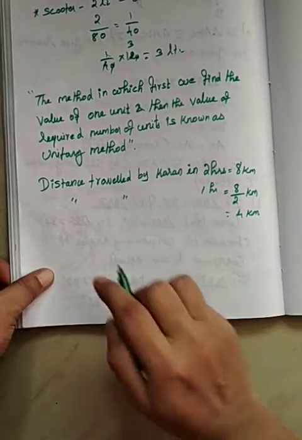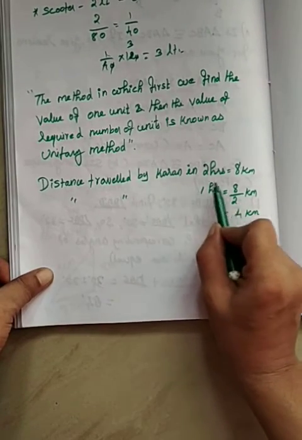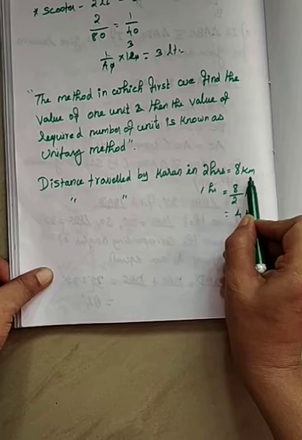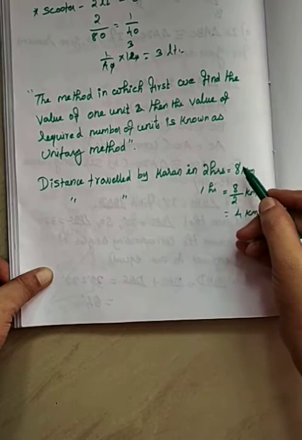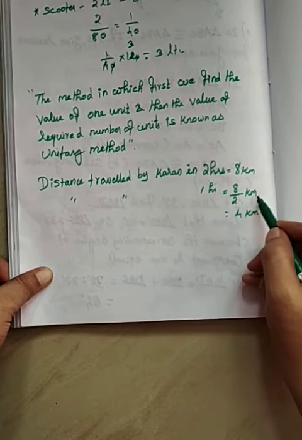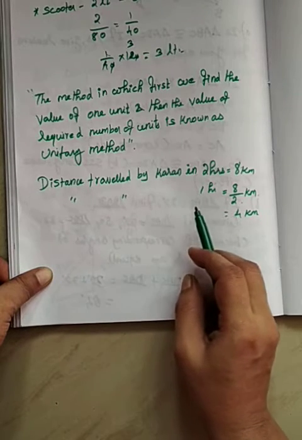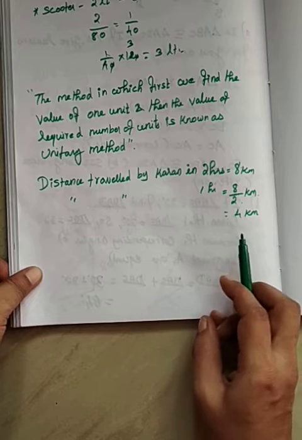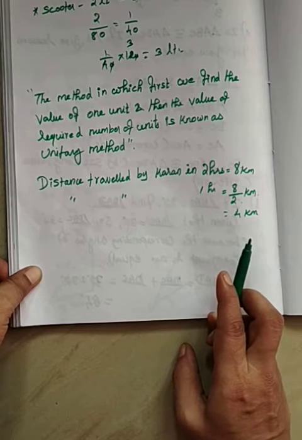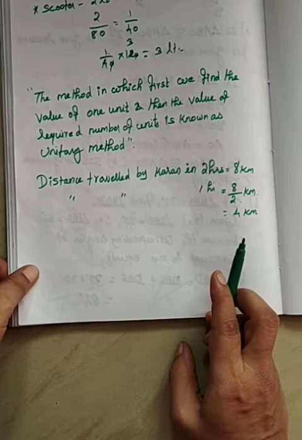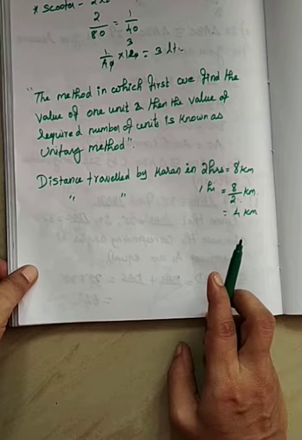The distance travelled by Karan in 2 hours is 8 kilometers. So, what is the 1 hour? 8 divided by 2 kilometers, you will get that the distance travelled by Karan in 1 hour is 4 kilometers. Now, you have to find the distance travelled by Karan in 4 hours.